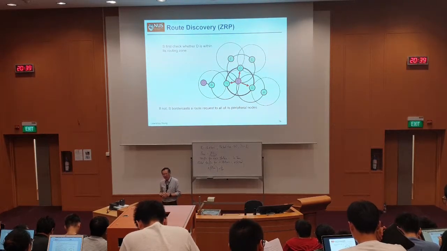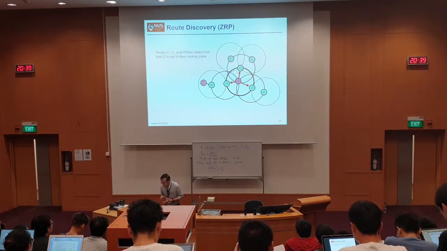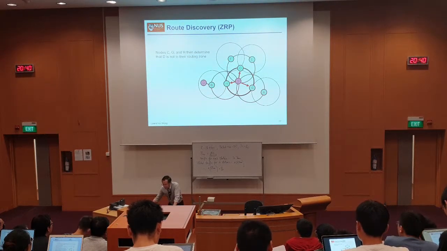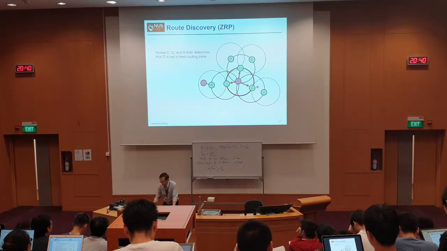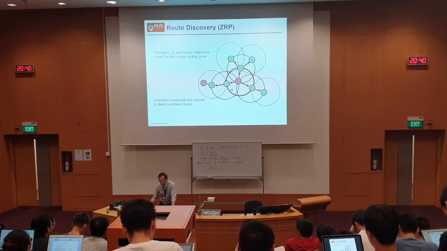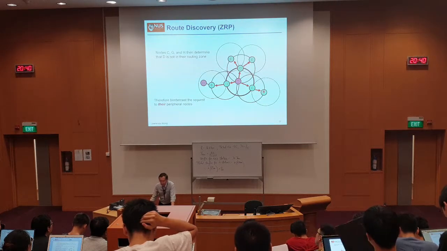C, H, and G will say, hey, do I know D? No, I don't know D, I haven't seen D. So what happened? C, H, and G will again announce it to their peripheral nodes. There, B, this guy will be F and E, and this guy is A. Got here.